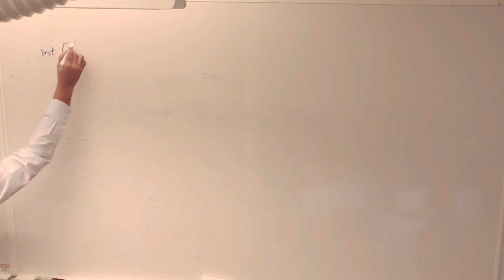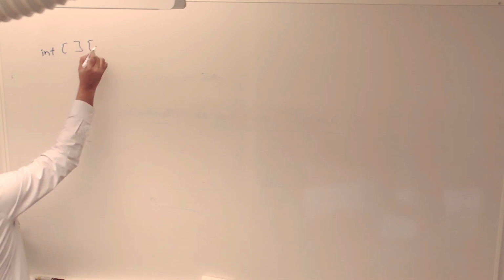So we said that if we have a one-dimensional array, we put one square bracket. But if you want to create more than a one-dimensional array, the number of dimensions you need, you have to specify that many square brackets over there. If you need a two-dimensional array, you put two square brackets.